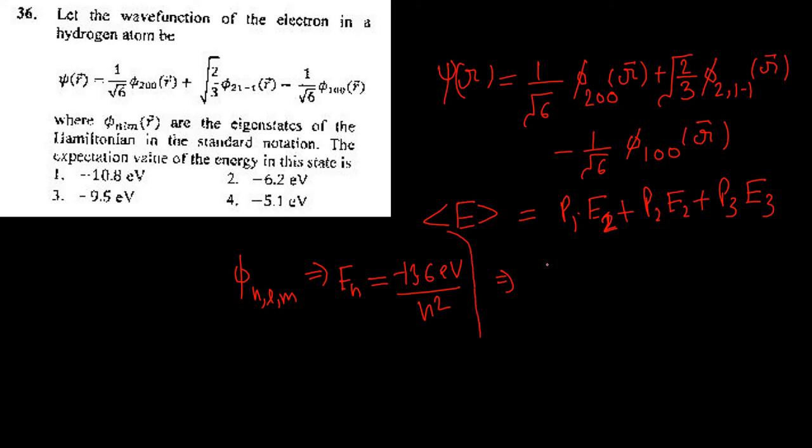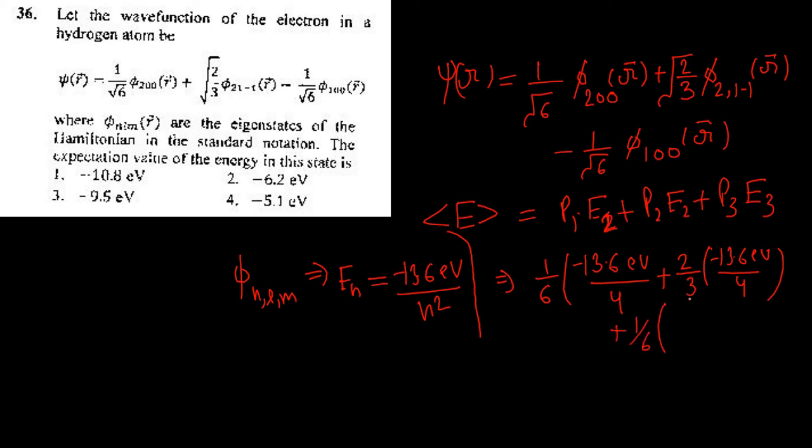What you will get: P1 is 1 upon 6, E is minus 13.6 electron volt upon 4, plus P2 is 2 by 3, E2 is the same, minus 13.6 electron volt upon 4, plus 1 by 6, and E3 will be minus 13.6 electron volt upon n square, and here n is 1, so this will be 1 square. Now take minus 13.6 electron volt common. What will you get?